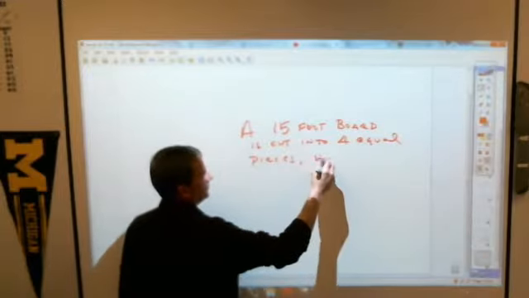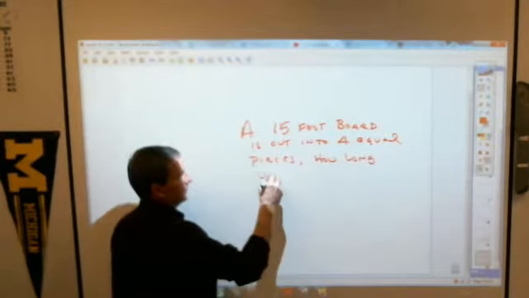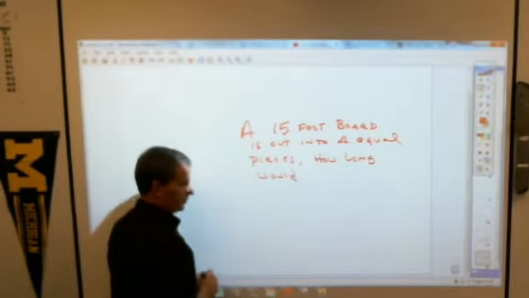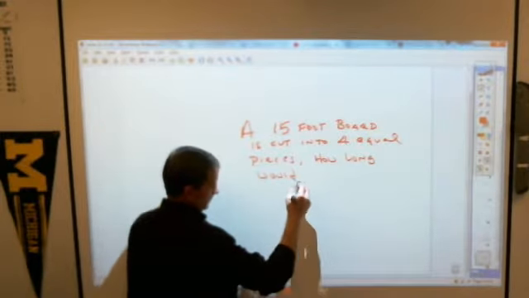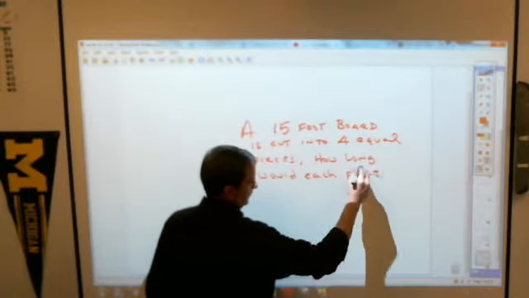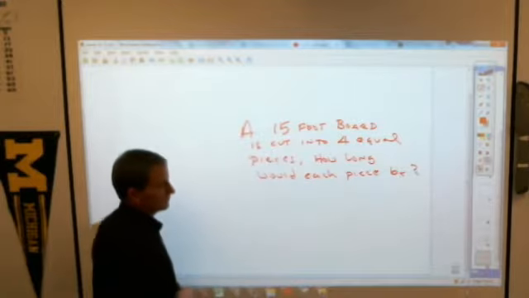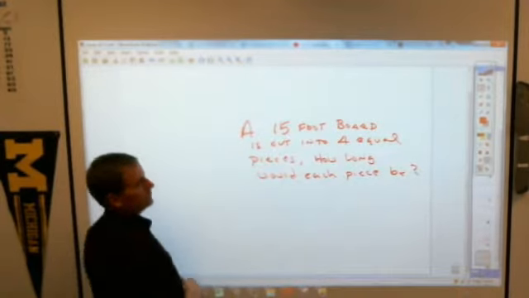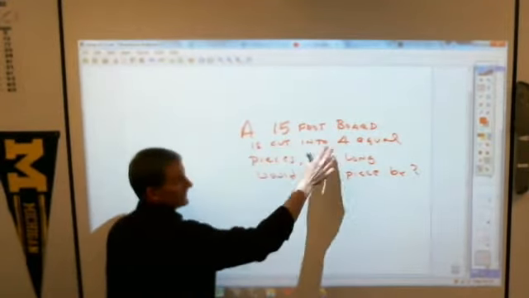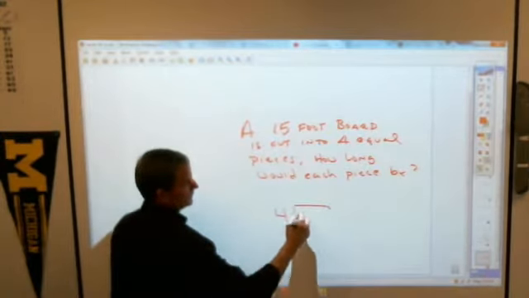How long would each be? And again, there is no such thing as a remainder 3 of a board, so this is where you'd have to write your fraction. I know it's a division problem because I'm taking 15 and cutting it into 4 equal groups. So I do my 4 into 15.